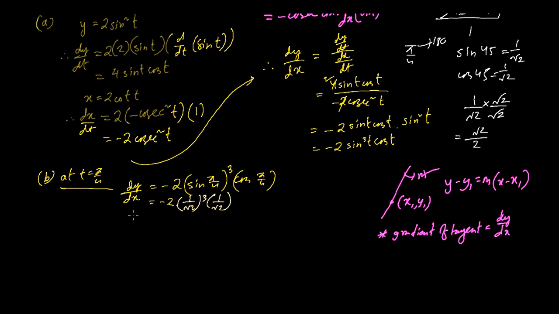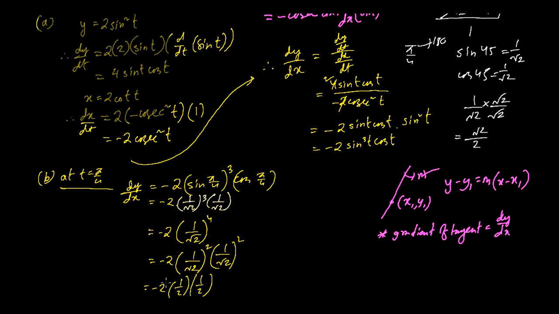By simplifying this, we get minus 2 times 1 by square root of 2 to the power 4, that means minus 2 times (1 by square root of 2) whole square times (1 by square root of 2) whole square. That means minus 2 times 1 by 2 times 1 by 2. This 2 and this 2 cancel, so we get minus half.